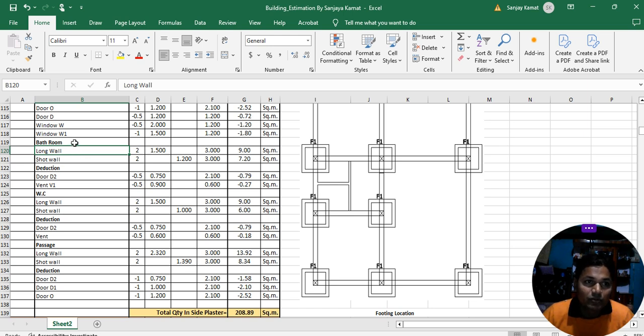For the bathroom also, we have to use one long wall and another short wall. The number of long walls will be 2, and the number of short walls will be 2. Coming to the long wall, length will be 1.5 meter and thickness will be 3 meter.